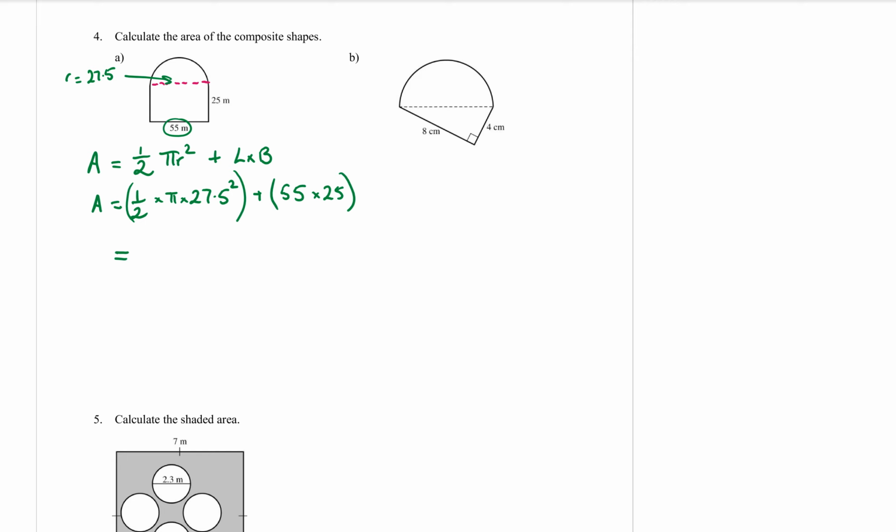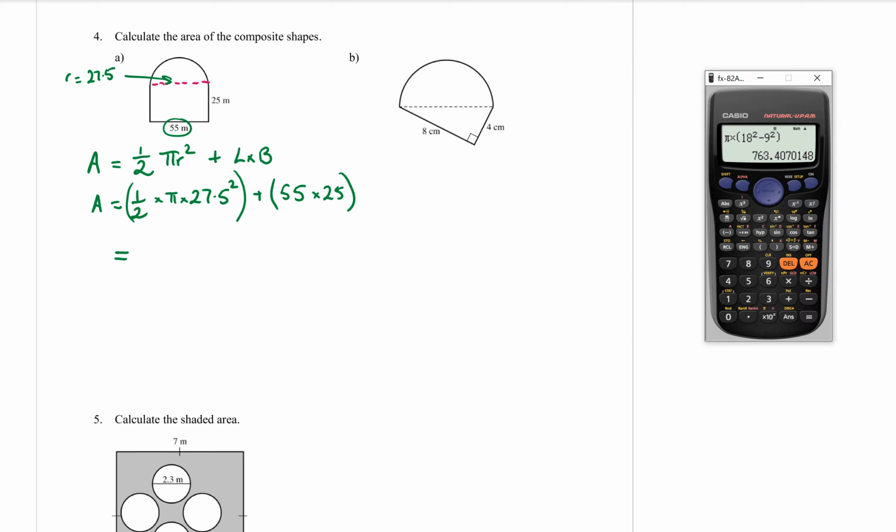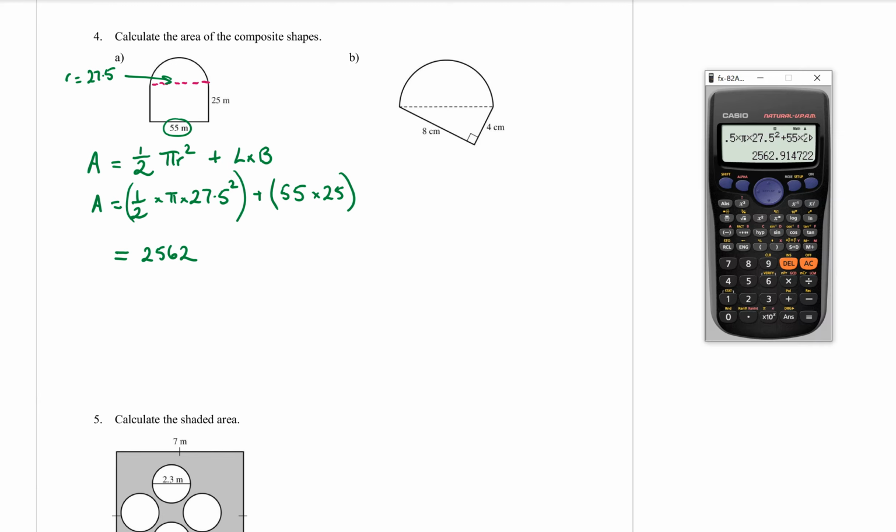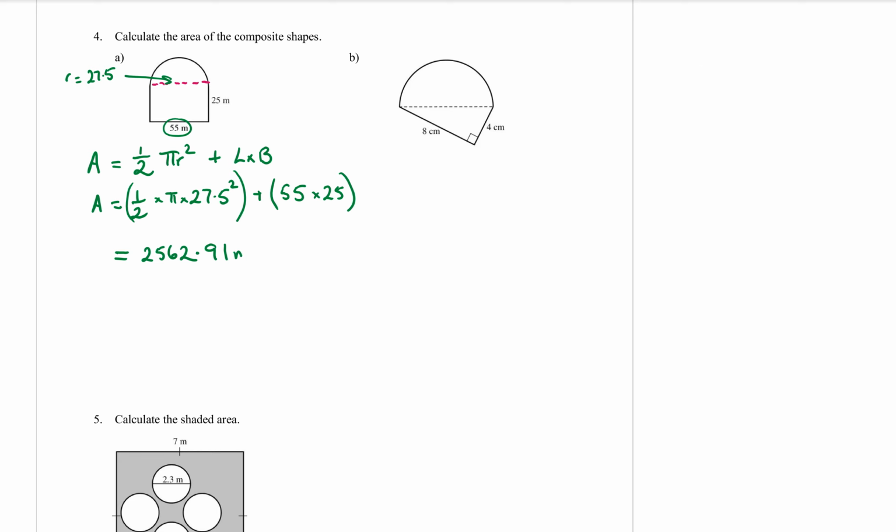Again, the brackets are just there so that I can see there is my half a circle, there is my rectangle. So typing that in, we get half times pi times 27.5 squared plus 55 times 25 is 2562.91, and that'd be meters squared.